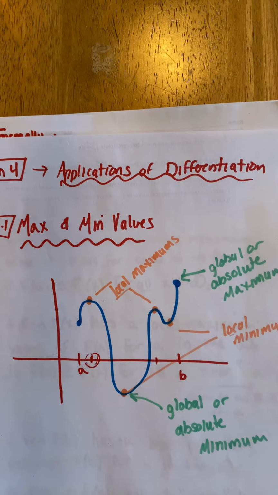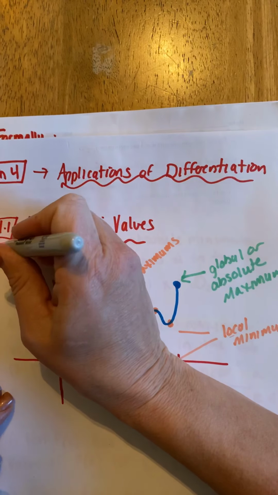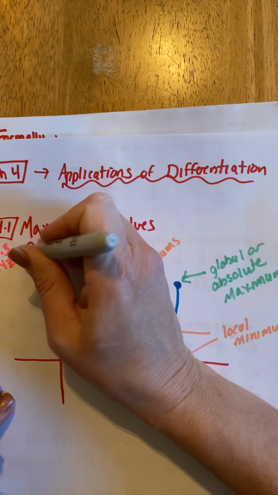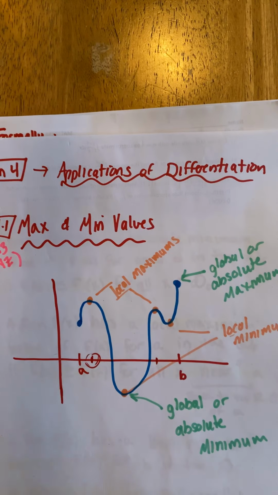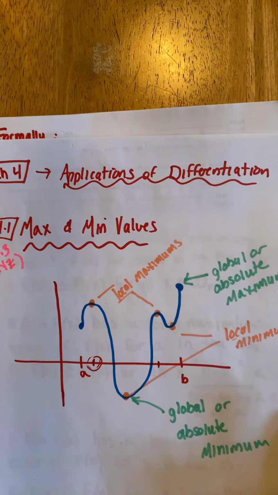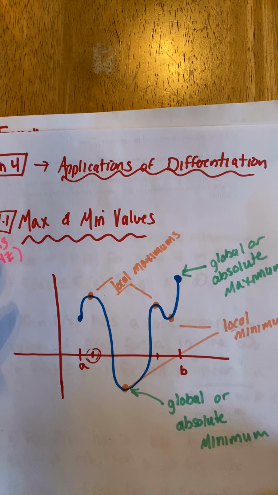4.1 in your Stewart book is equivalent to, or pretty close to 4.3 in XYZ. Now keep in mind, XYZ is created by a different publisher, so things may not line up exactly if there's something you come across in the homework. So 4.3 homework should correspond with most of the topics in 4.1.